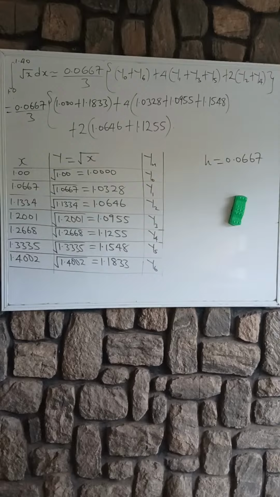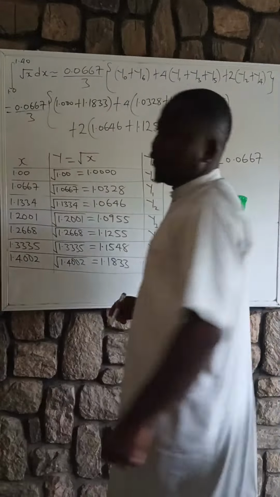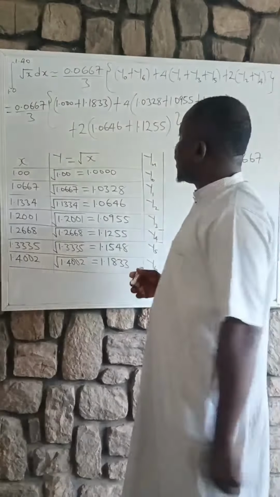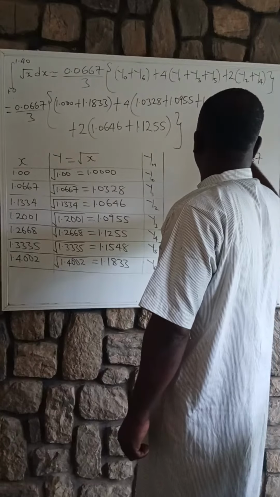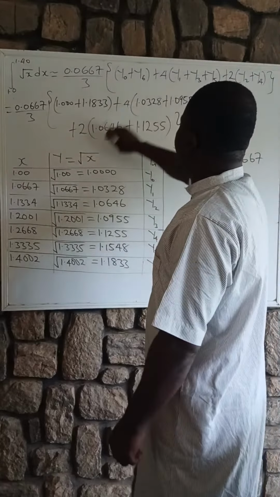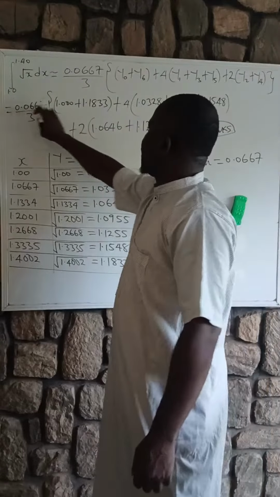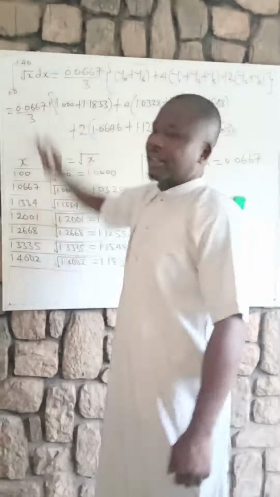So I give you three minutes to input what is inside the bracket, and use it to multiply this amount and divide it by 3. The first 5 people are going to get 2 marks, and your time has started. Add this, multiply it by 4, add this, multiply it by 2. Then after adding everything, use the figure to multiply what is here, divide it by 3.